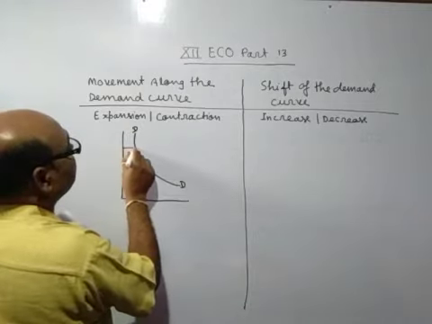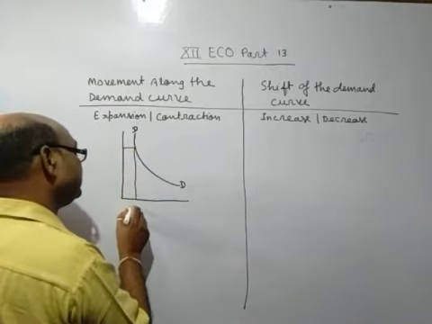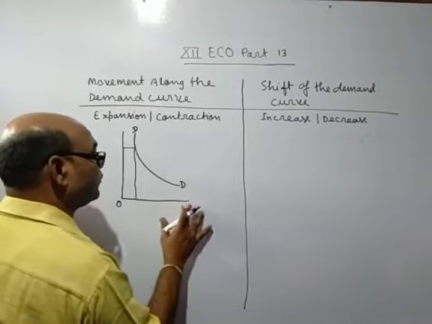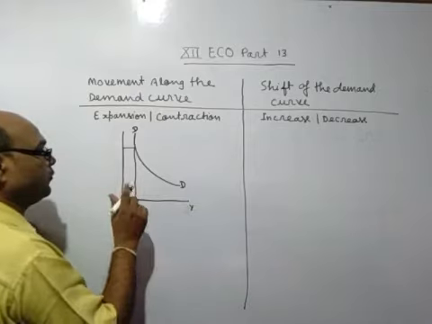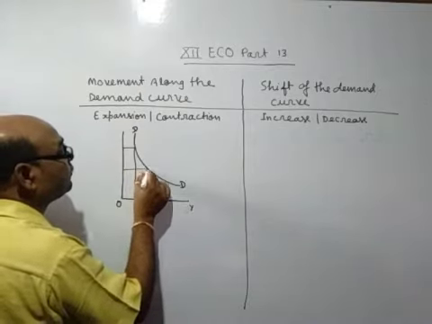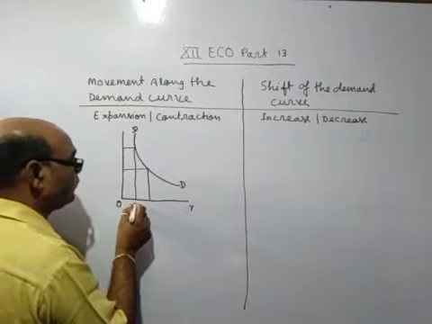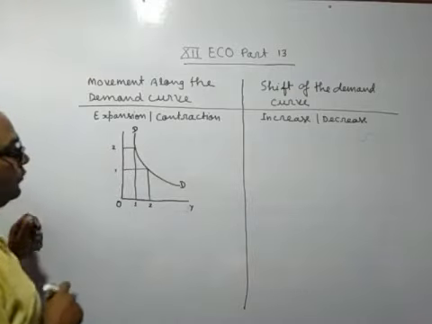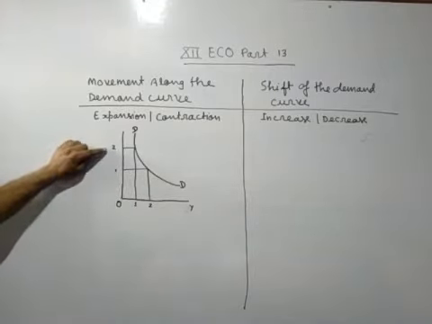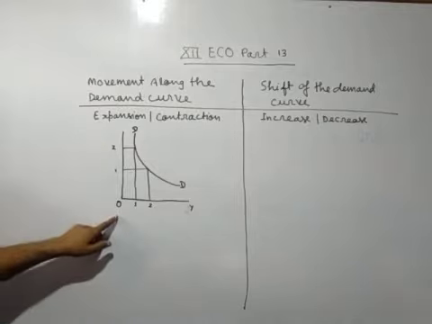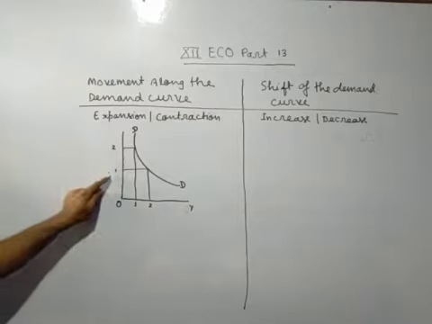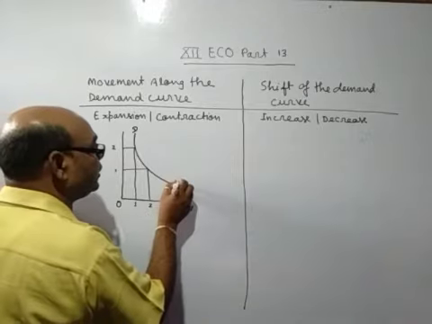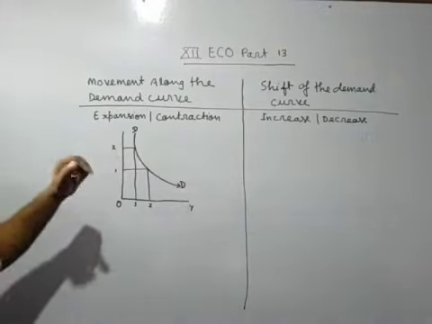Now, if this is the price and this is the quantity, you are seeing this price was 2, quantity demanded was 1, and price has become 1, quantity demanded has become 2. So here is only one demand curve.